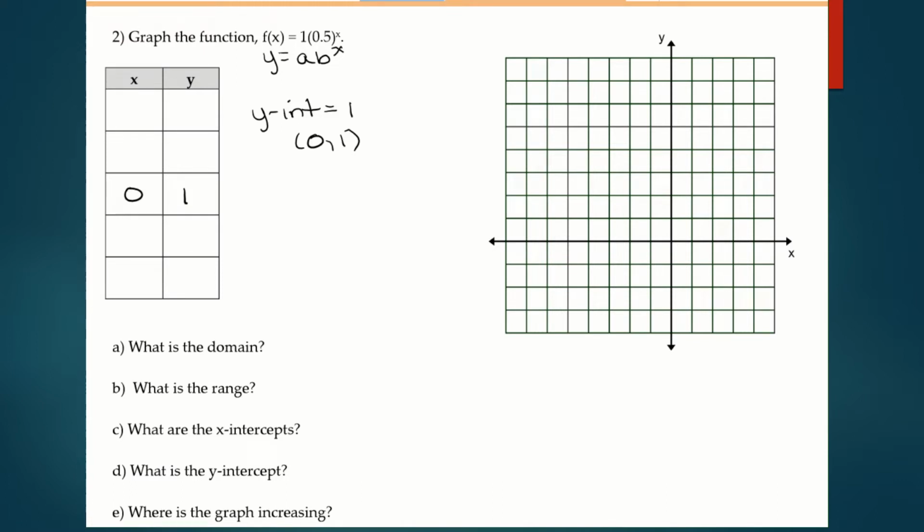Now, you could do this by hand, you are welcome to. I'm going to go to my calculator and type in this function exactly as it looks: 1, parentheses, 0.5, close the parentheses, raised to the power of x. Then I'm going to take a quick peek at the table so I can fill in the remaining values for the table I have created here.